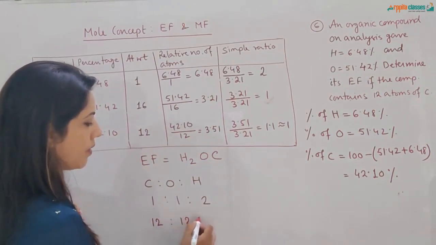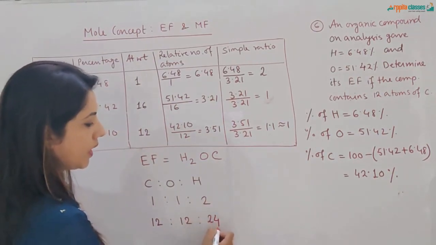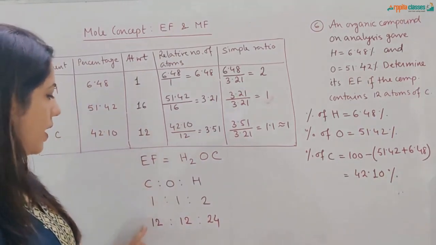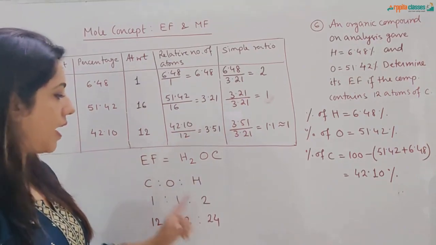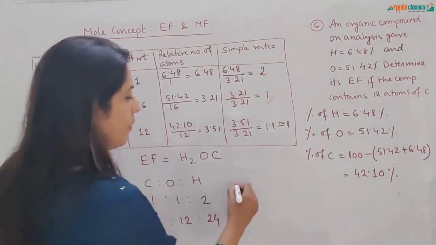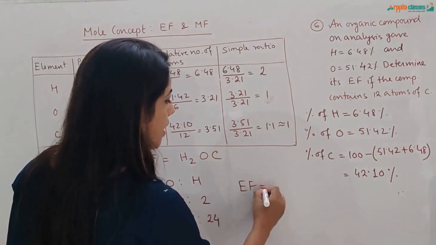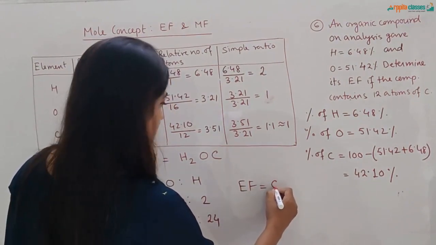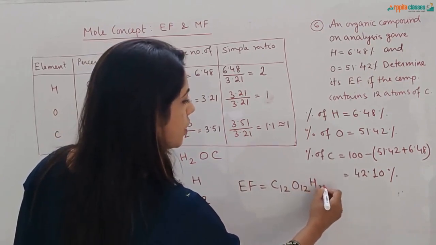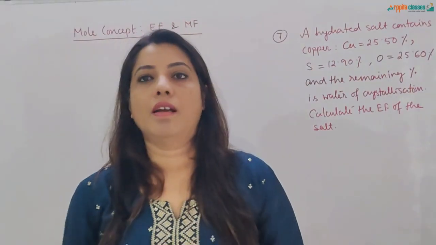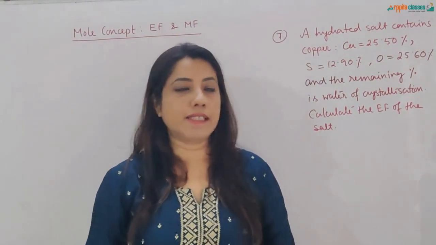Oxygen also will be 12 and hydrogen will be 24, because the ratio is 1:1:2. Therefore, the empirical formula will be C12O12H24.